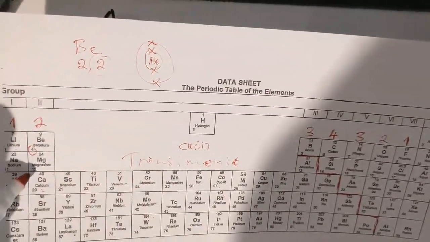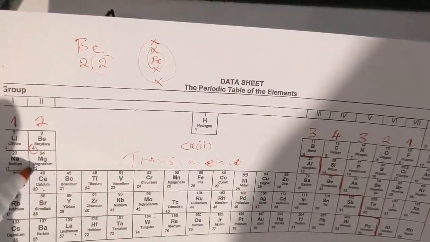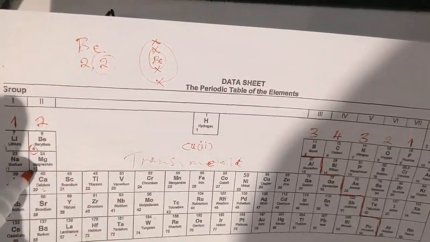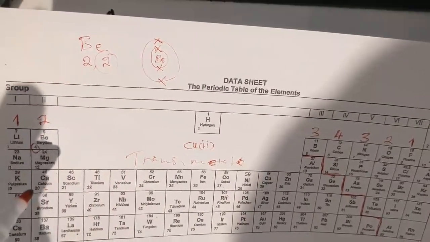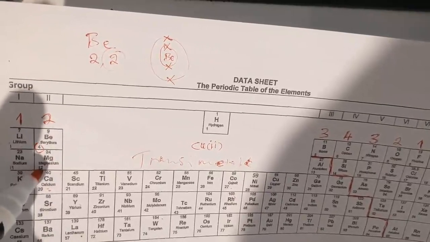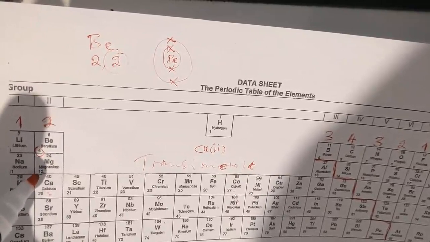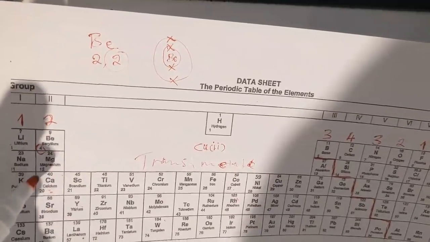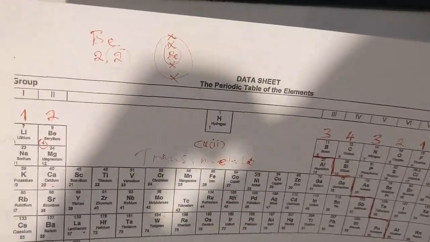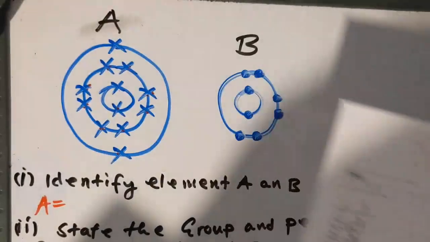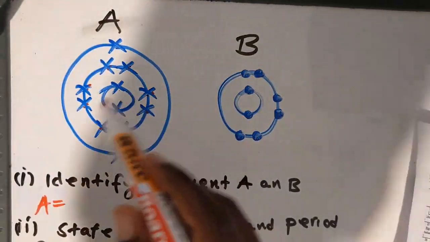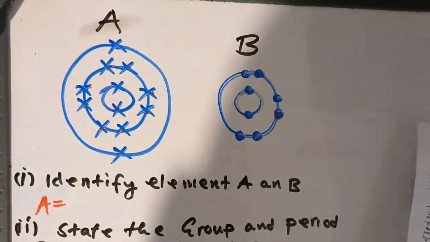So the proton number of an element is equal to the number of electrons. So meaning that this is magnesium, it has 12 electrons, okay? So element A is what? Magnesium. All right, so the number of electrons will tell you the atom itself or the element itself.